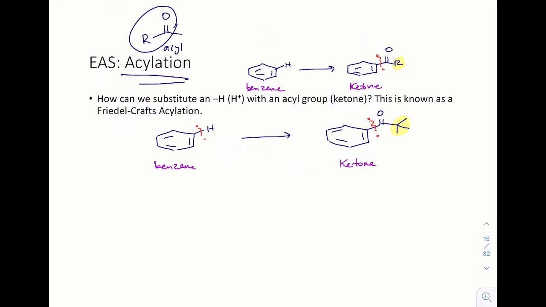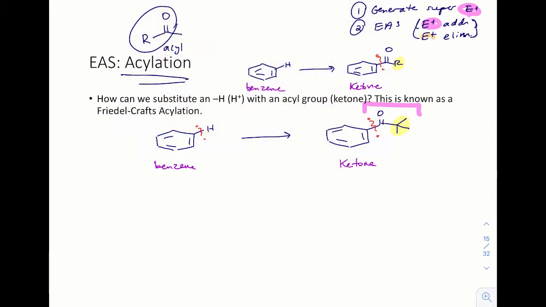Well, yes, it will proceed via the same two processes. We will need to make some super electrophile, and then an electrophilic aromatic substitution will occur. That electrophile will add, that'll be this acyl group, and then the hydrogen atom will be eliminated.